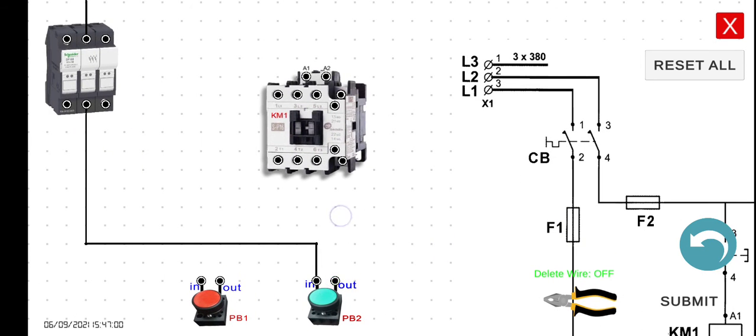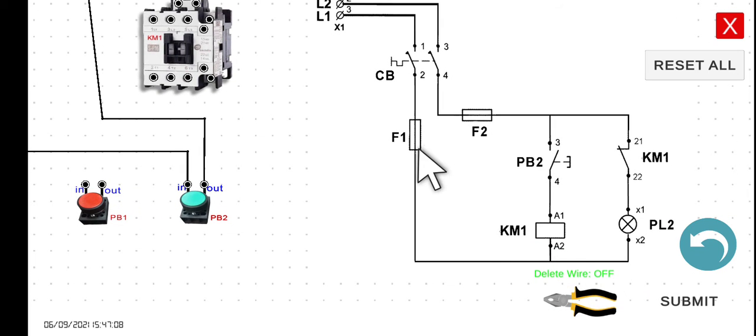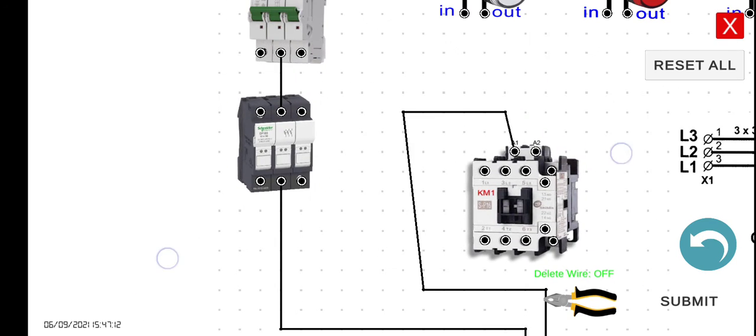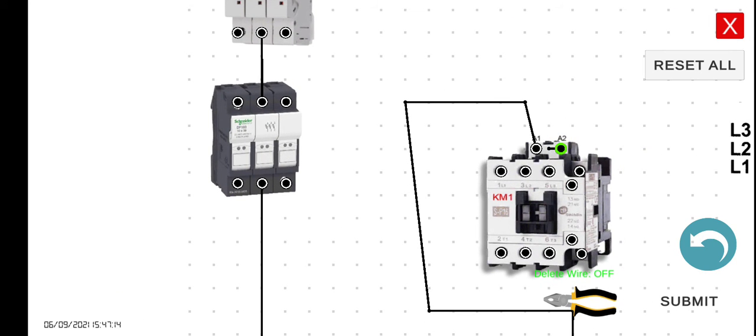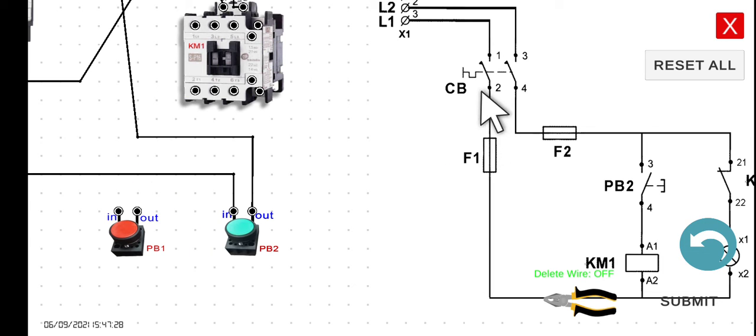Next, the A2 will go back to the output of the fuse 1. This is very similar to what we did in the previous activity. And then let's go back from the fuse to the breaker.